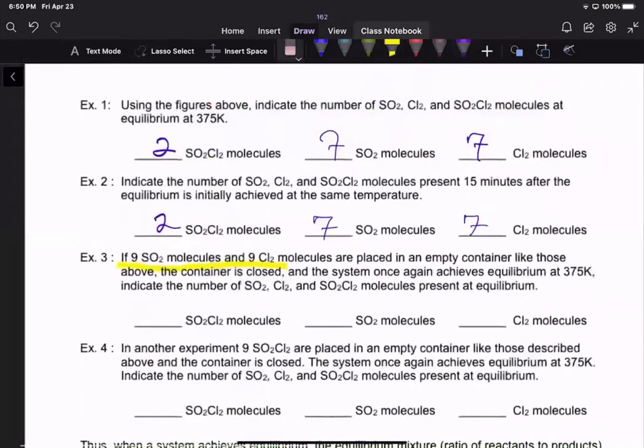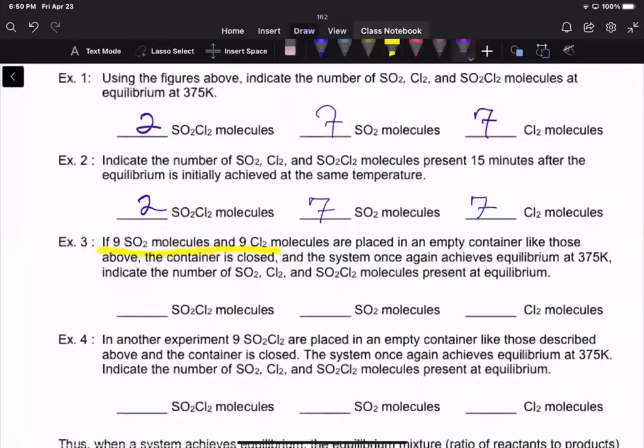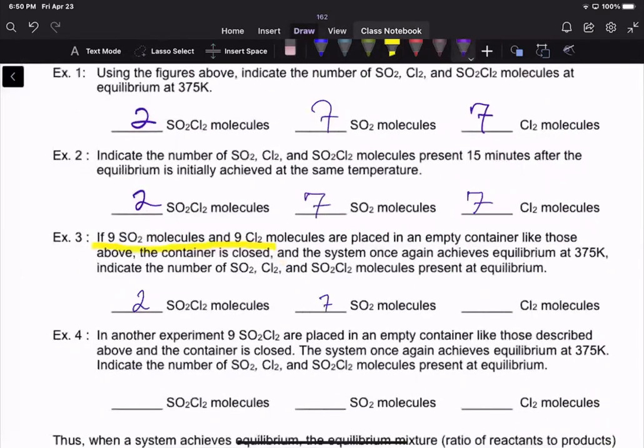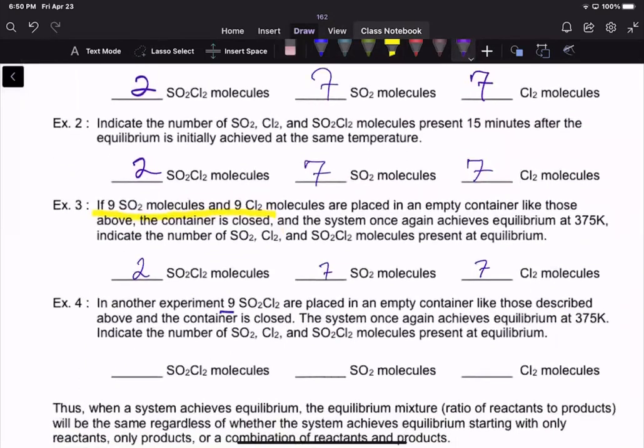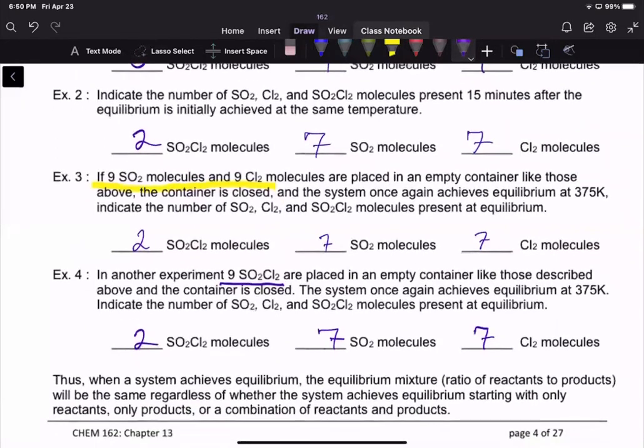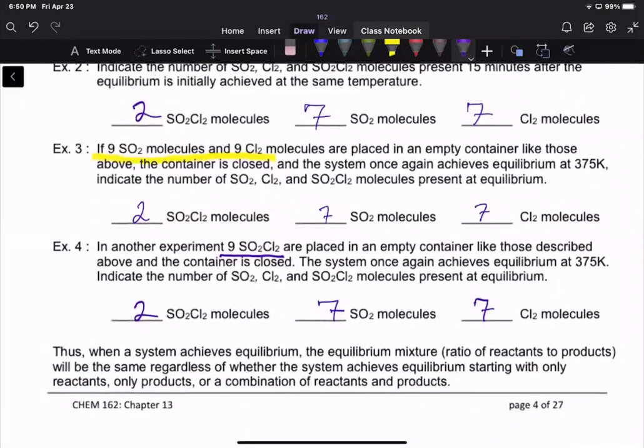So at the end, that one will also have just 2, 7, and 7. And then if we start with our reactants, again 2, 7, and 7. So this is really just making the point that the amount at equilibrium will not change. And they're all there in the container together at the same time.